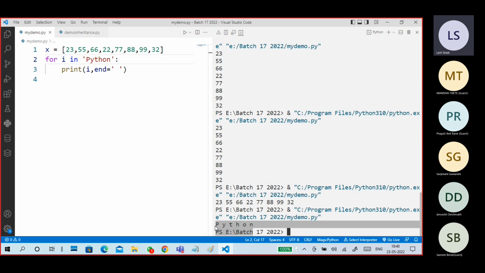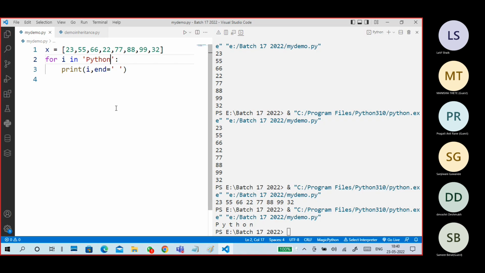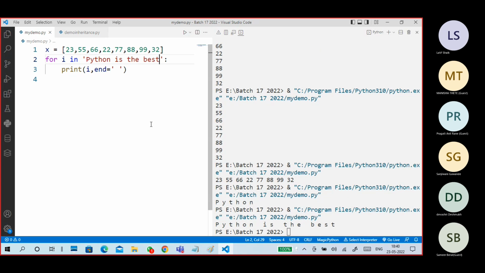Python, date of birth. Python is the best. Each word has one space.